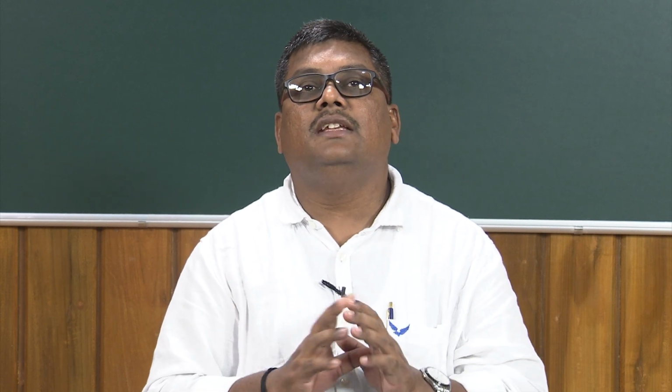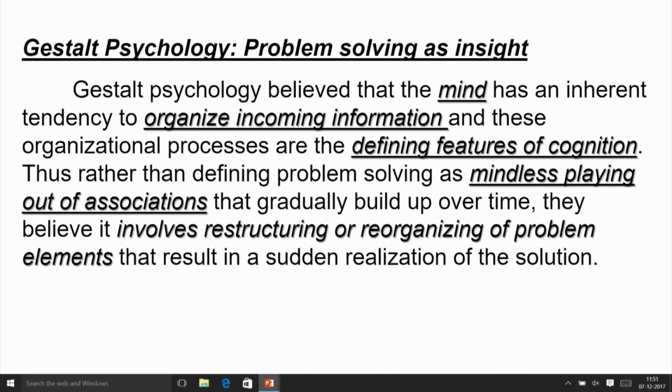So, Gestalt psychologists believe that the mind has an inherent tendency to organize incoming information. What Gestaltists propose is a certain Gestalt law, and what does this law really say? It says that the mind organizes stuff, restructures information, restructures mental representations, and it is this restructuring which gives solutions, which makes easy solutions, right. So, the mind always organizes and restructures information.